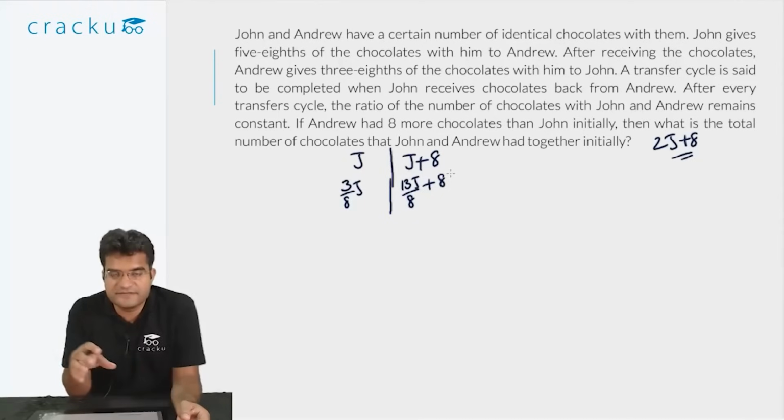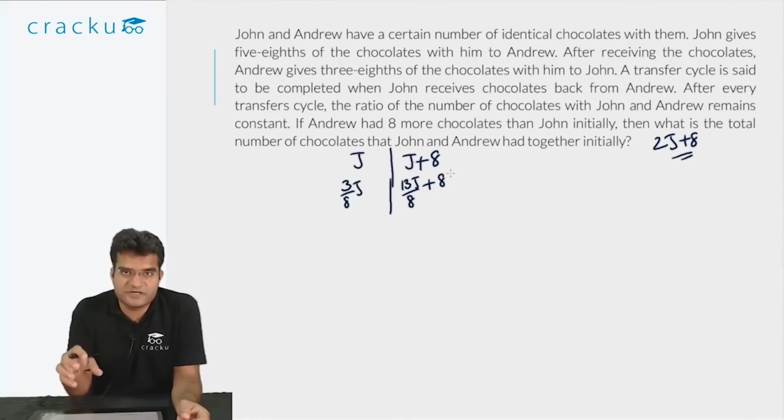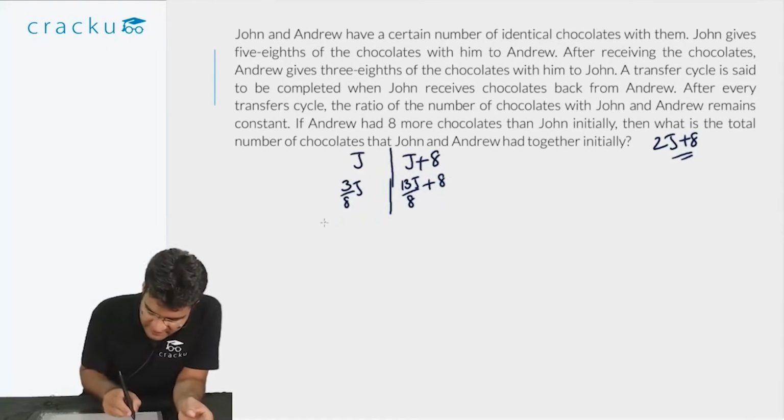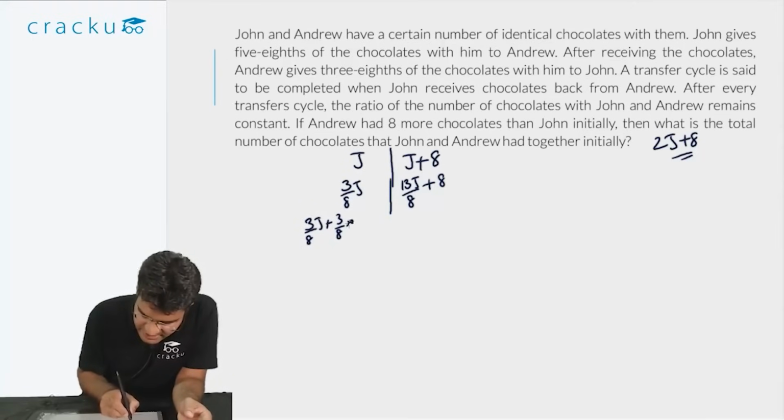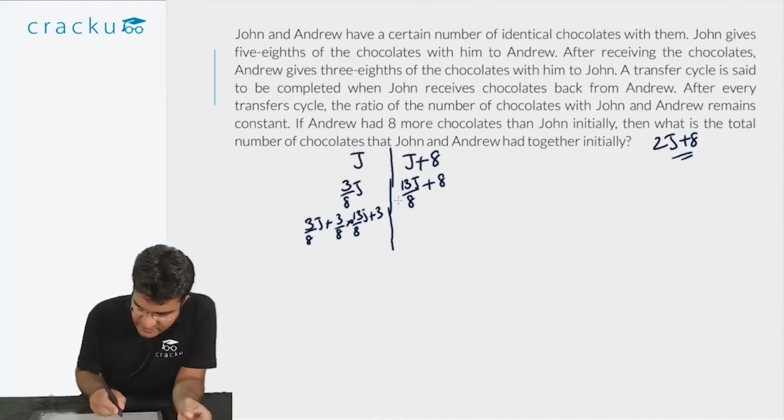This is after John gives his chocolates to Andrew, and after Andrew gives 3/8 of these chocolates back to John, John will have 3 by 8 j plus 3 by 8 into 13 by 8 j plus 3 by 8 into 8.